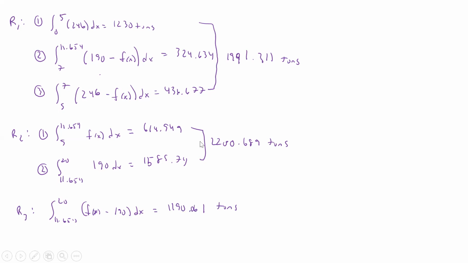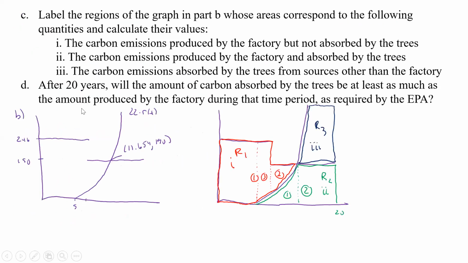So we're going to take 1991.311 minus, and then we have to subtract off the part up here, because that's going to give us the amount absorbed. This is the amount produced. This here already takes into consideration this part, so this is all taken care of.